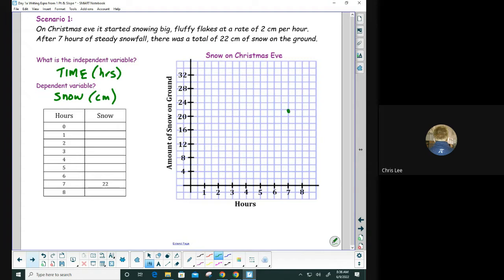So that's going to be right in between the 20 and the 24. That right there is a coordinate. It's this coordinate right here. 7, 22. We know that bit of information.